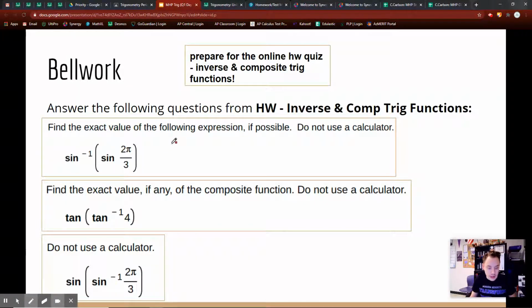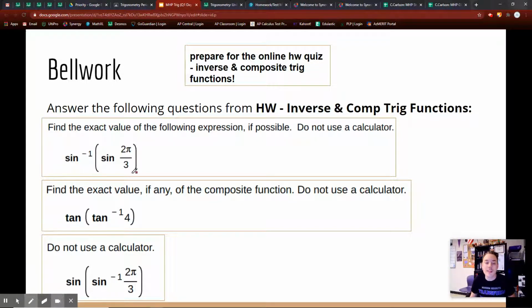Okay, so notice that these 3 are very similar, and they're similar in one aspect and one aspect only. You start to see that this is inverse sine of sine, tangent of inverse tangent, sine of inverse sine. So you see sine, sine, tangent, tangent, sine, sine.